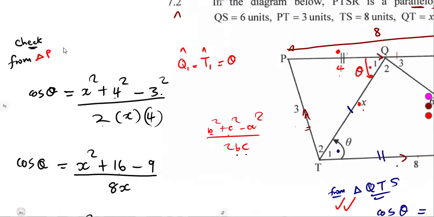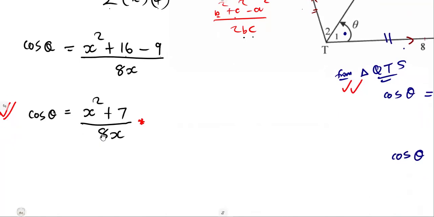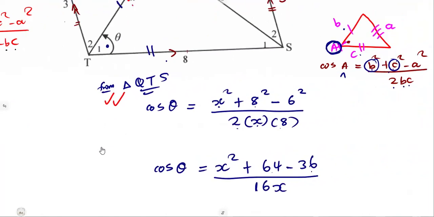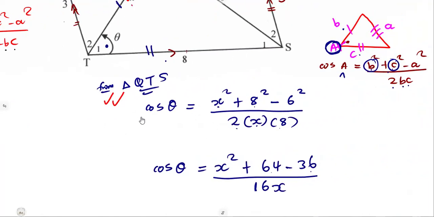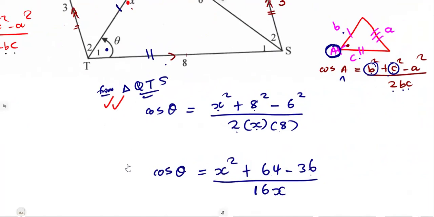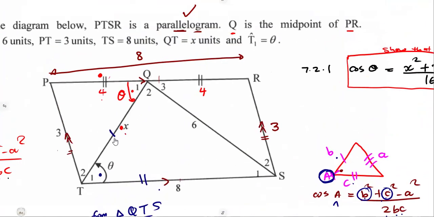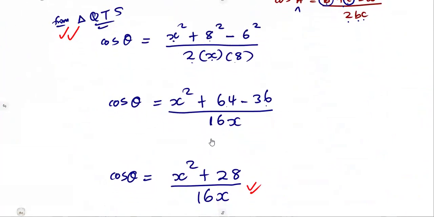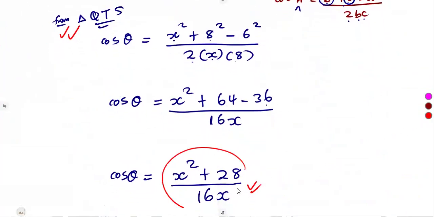Then you see that the answers are not exactly the same. Meaning you go back to the other triangle where there is a theta. We saw that there is triangle QTS, and in this triangle QTS, that is where we obtained exactly the expression that we are given. So that is why I'm saying this type of question is a trial and error.